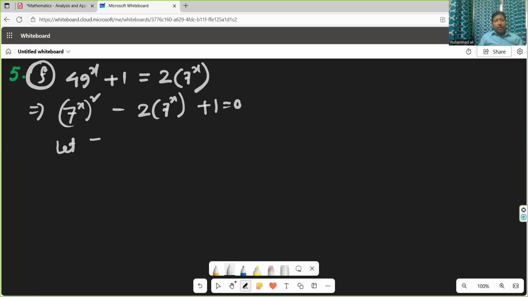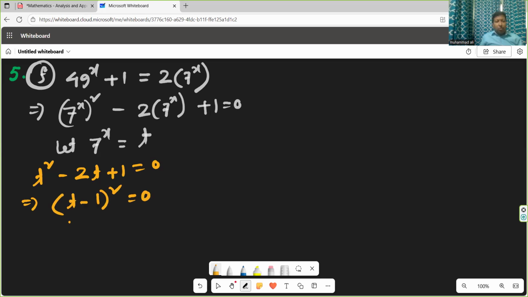Now let 7 to the power x equal t. So you can write t squared minus 2t plus 1 equals 0. If we do factorization, we get (t minus 1) whole squared equals 0. Therefore, t minus 1 equals 0, t equals 1.